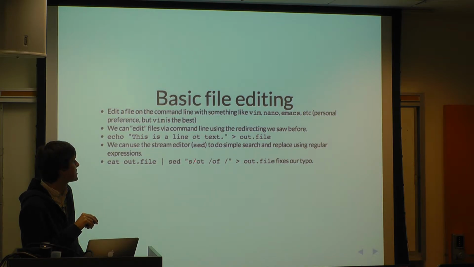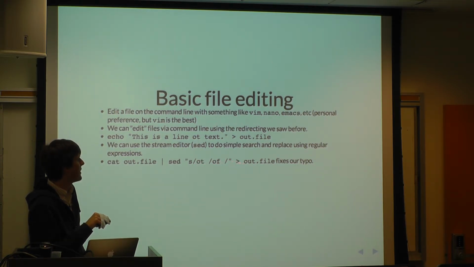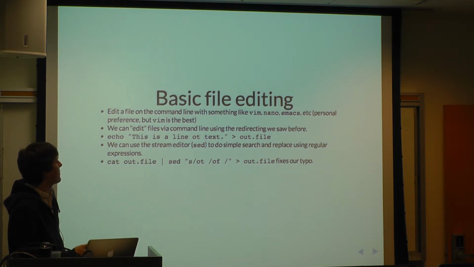So this says search for "ot " and replace "ot " with "of ". And then we want to dump that to out.file. So we're replacing out.file, which had this, with out.file, which replaces ot with of. So we now just have "this is a line of text." And that fixes our typo.